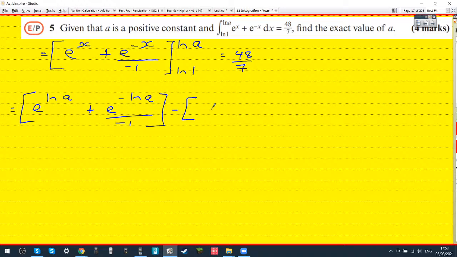Calculator, ln 1 is 0. Right, that's what I'm doing. Otherwise I'll faint. Okay. What is e to the ln a? Any ideas?